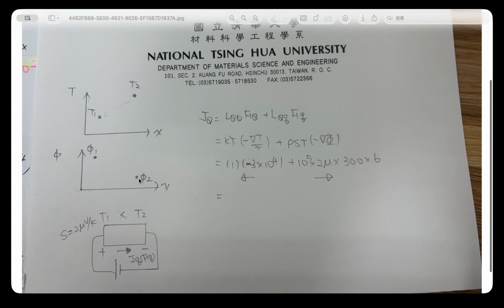Positive means the current goes to the right-handed side. It is correct as you expected, right? Because you connect the battery with the higher electrical potential here, it will drive the current to the right-handed side. Okay, so for your reference, I hope you have some idea here.